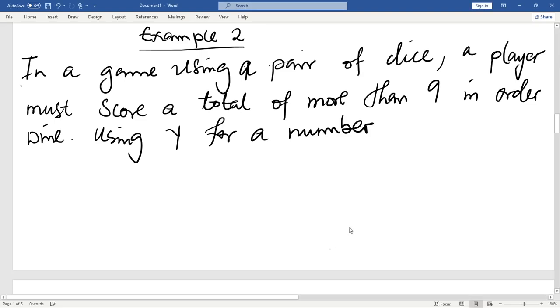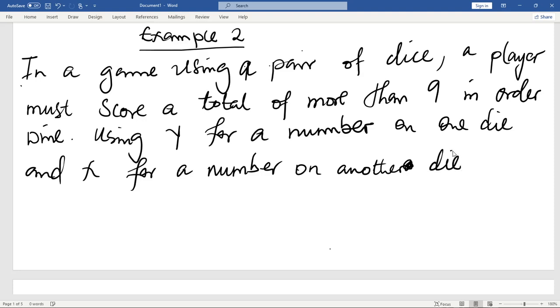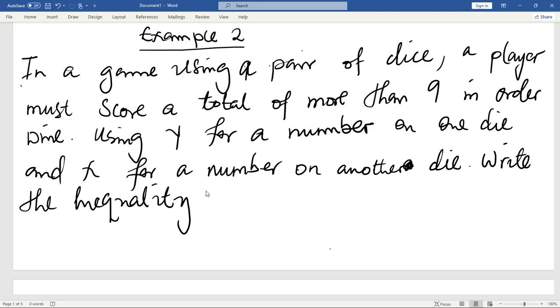Using y for a number on one die, and x for a number on another die, write the inequality that can be formed.